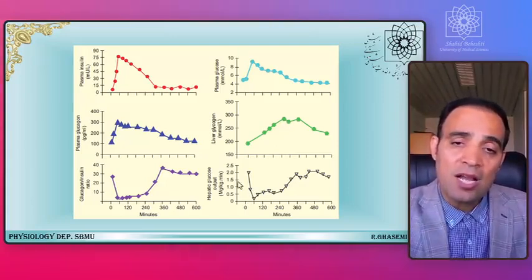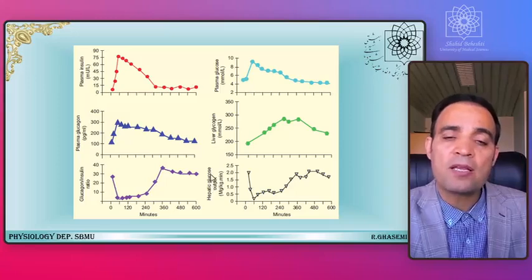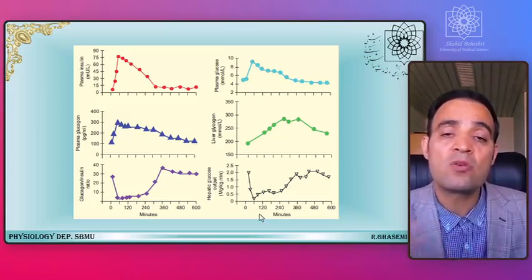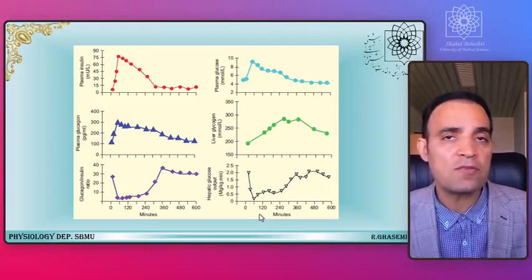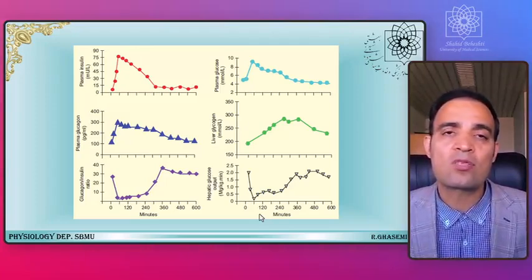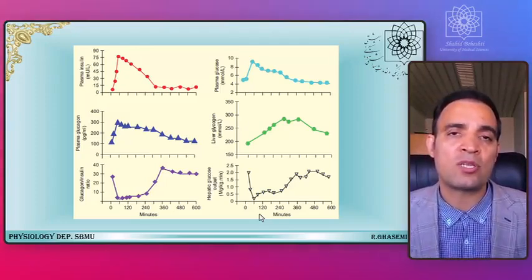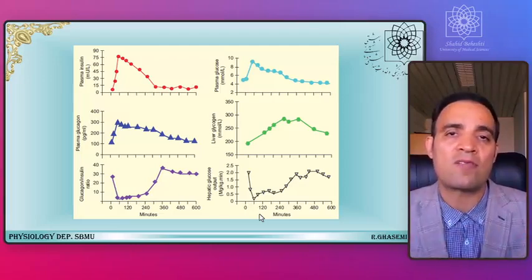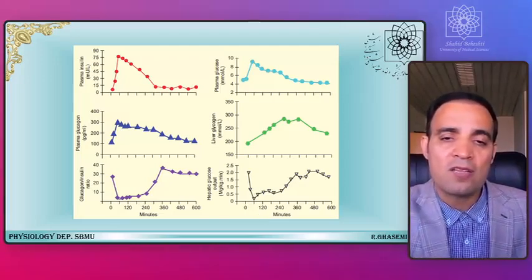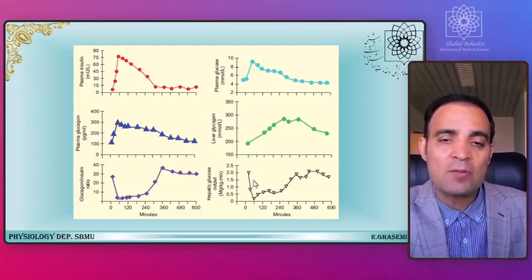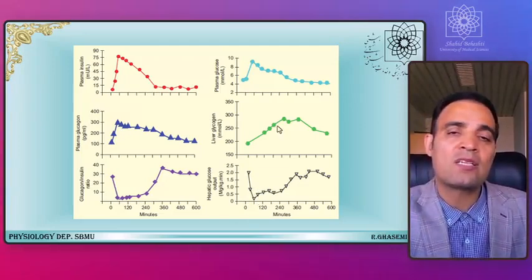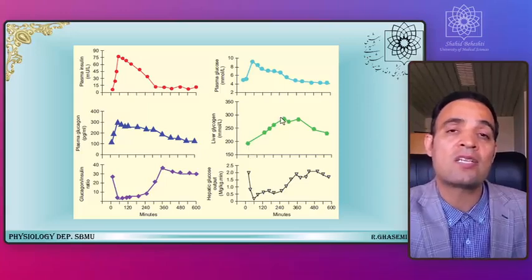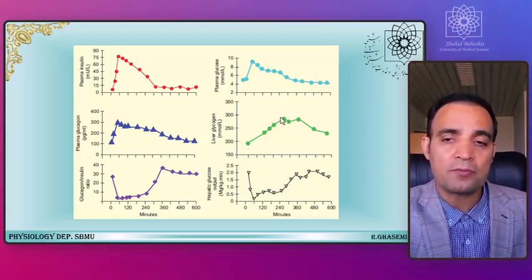And at the same time, the hepatic glucose release will be decreasing because we do not need glucose from the hepatic cell to be released. We have extra glucose available in the blood. Therefore, it will drop, and this drop is in accordance with the increasing glycogen storage.